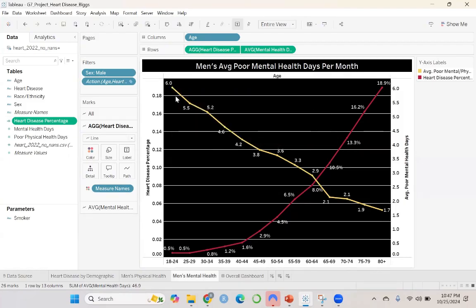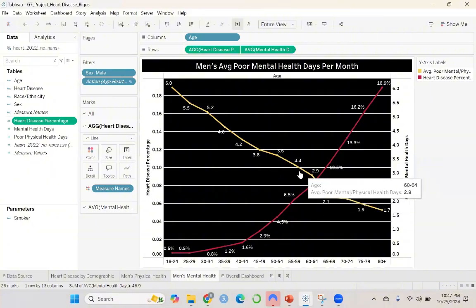So here you can see the younger the age group, the more poor mental health days were reported. And it seems like as you get older, you have fewer poor mental health days.